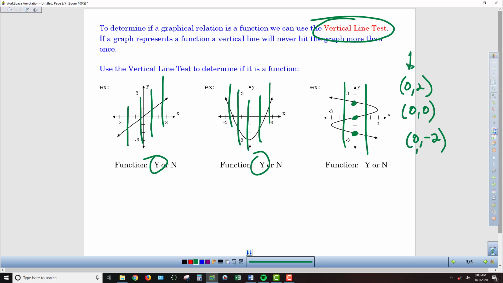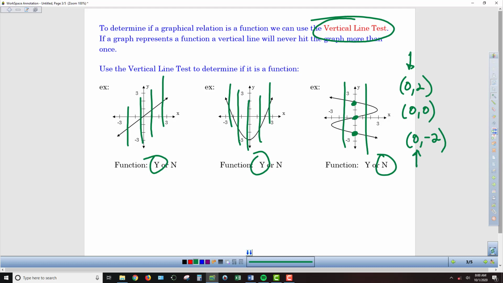What you can see is we're reusing the same input over and over again and generating different outputs. So this does not satisfy the definition of a function. We're only allowed to use each input once. We can only have one output for every input. That's why this last one is not a function.